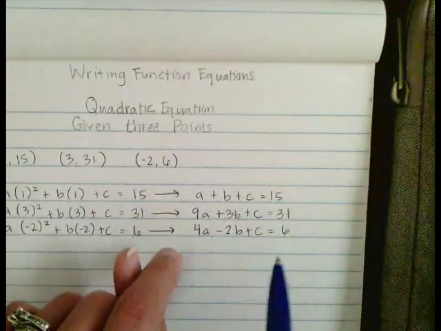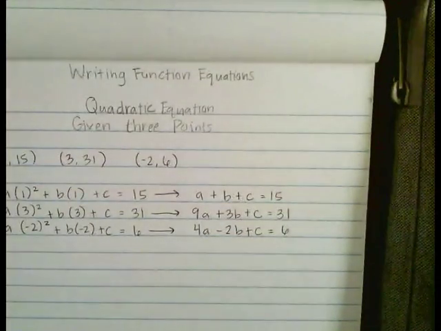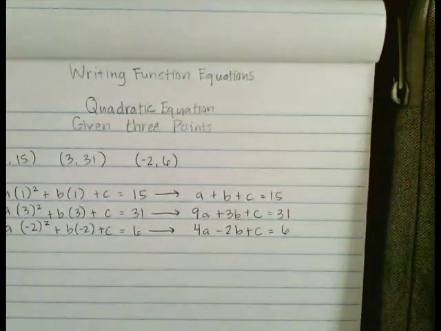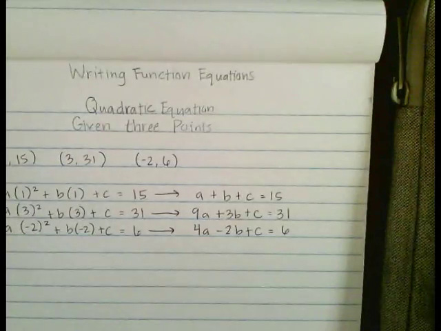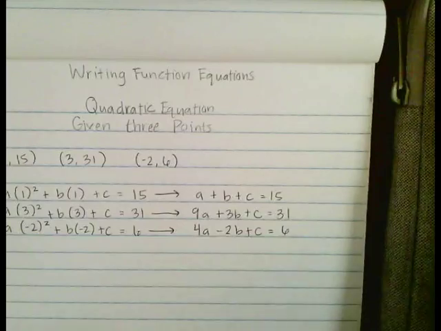Now, this should be pretty familiar because in our first unit of Algebra 2, we talked about solving systems of 3 equations. This is what you're going to do to be able to solve this quadratic equation given 3 points. You're given these 3 points, and you're trying to figure out what the quadratic equation is.